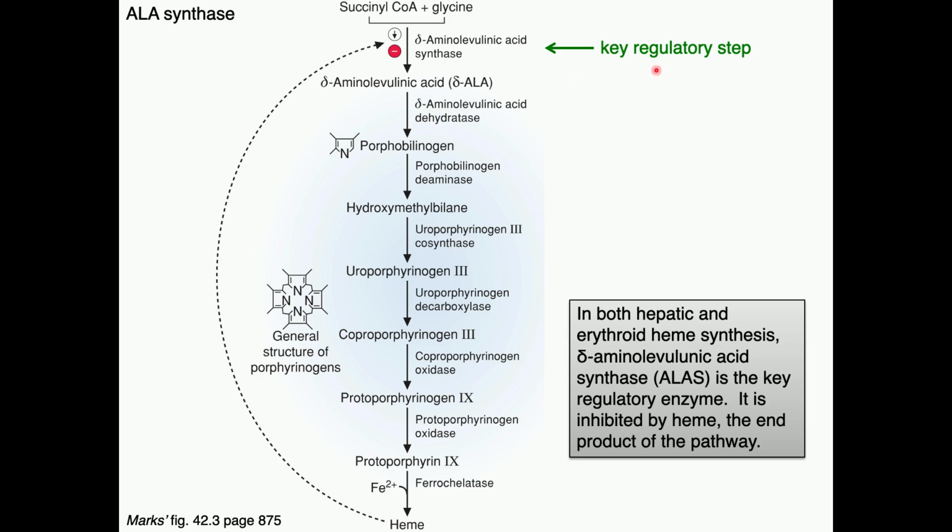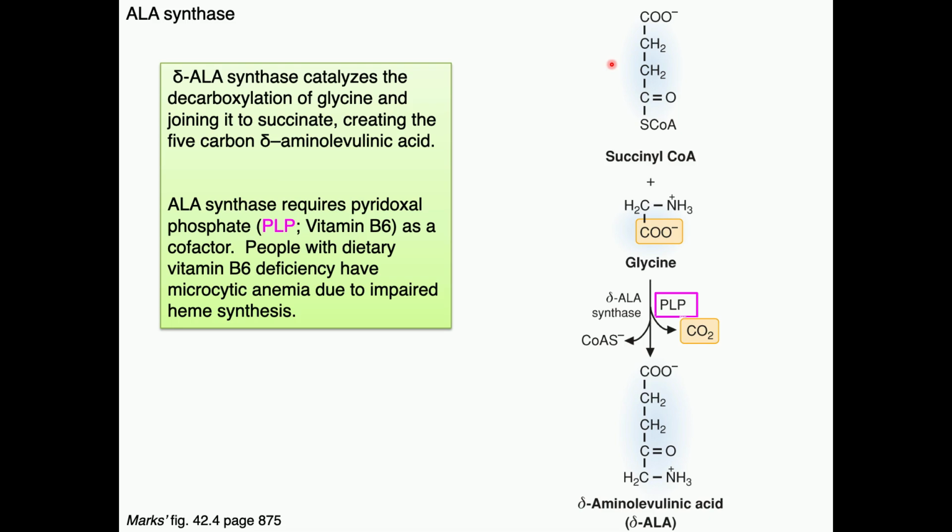Okay, so why don't we look a little bit more closely at the aminolevulinic acid synthase enzyme. Aminolevulinic acid synthase is condensing succinyl-CoA and glycine in a decarboxylation reaction and using the energy of that high energy bond between the succinate and coenzyme A as the energetic driver of the reaction.